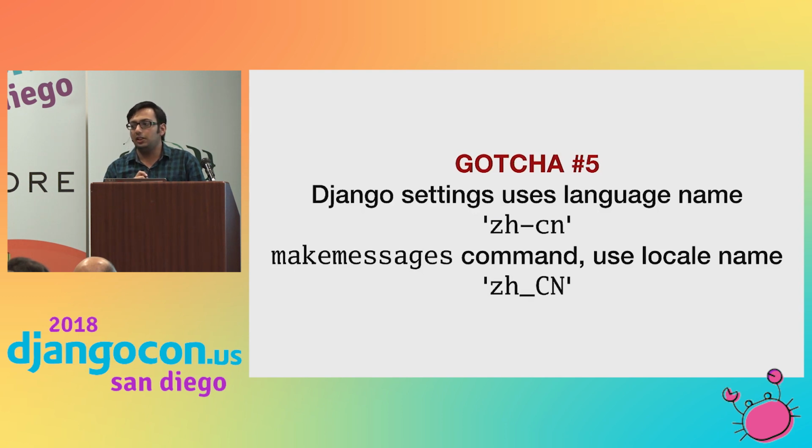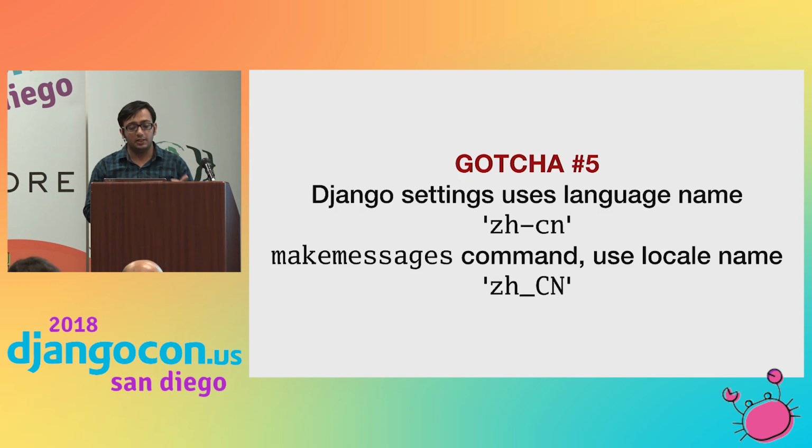Now, this is the crux of the whole presentation, which took me like 3 days to figure out. I kept on reading the documentation, thinking, okay, it's not working, why is it so? Notice that when you mention the language in settings, you do it by language name. In this case, we have zh, which stands for Chinese, and cn for simplified Chinese, all in lowercase separated by a hyphen.